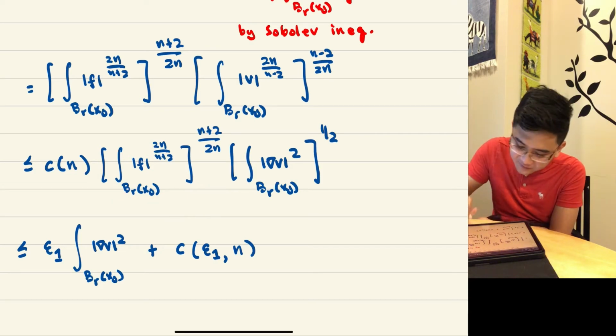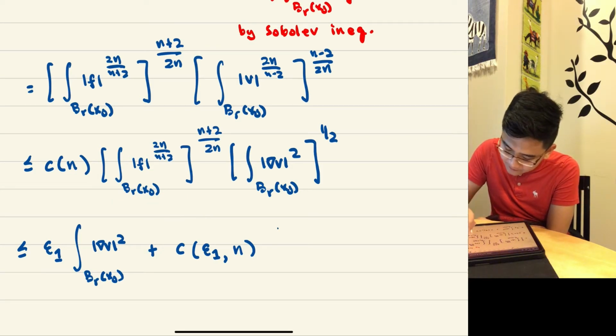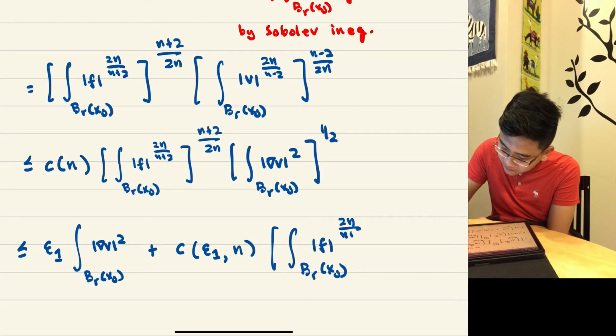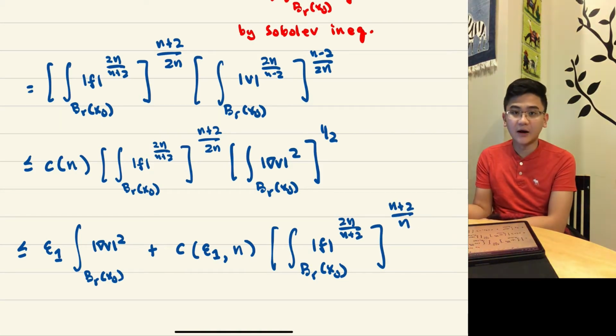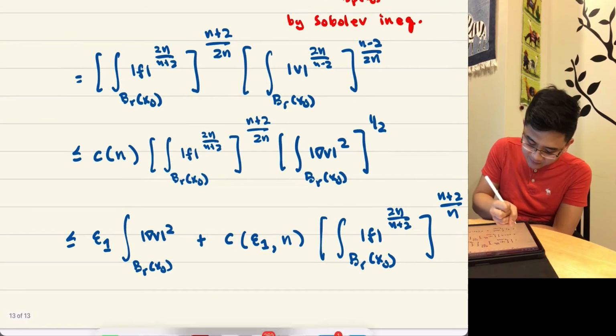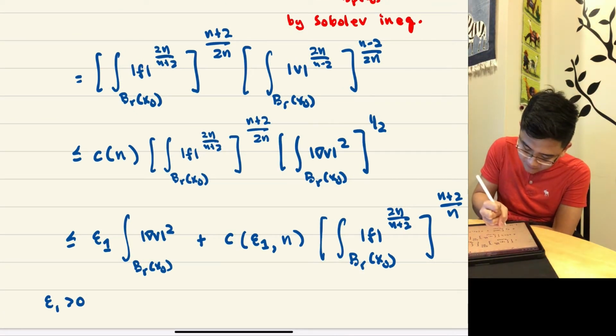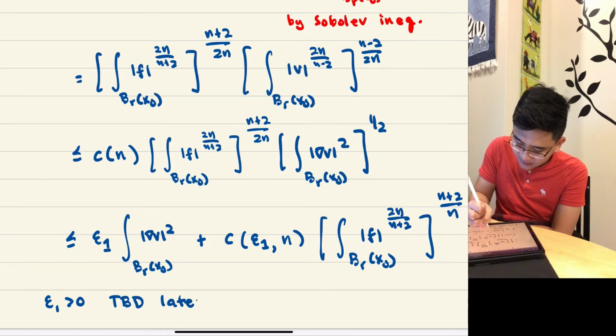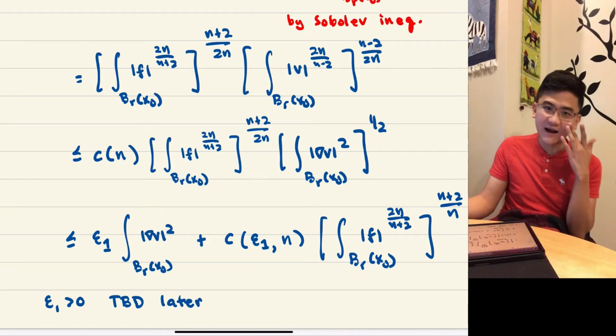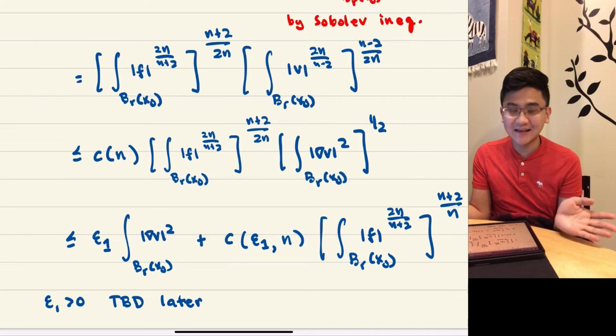So you have the integral over the ball of f raised to 2n over n plus 2, all over n, where epsilon 1 is positive, to be determined later. And we're going to see why. It cannot be just anything.